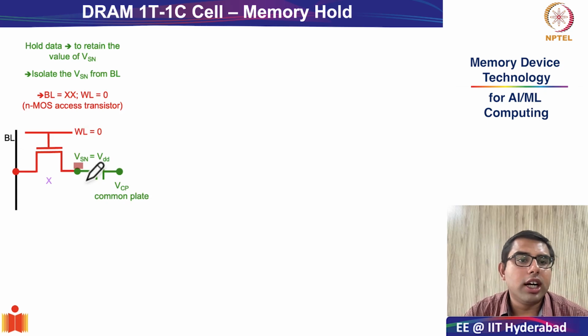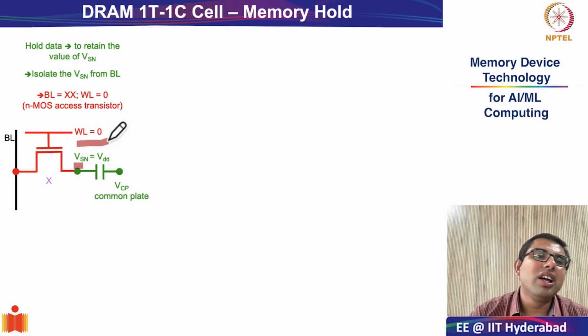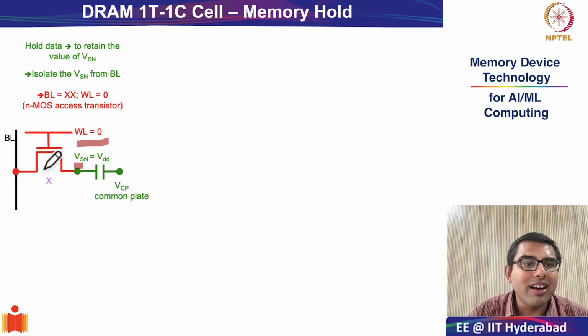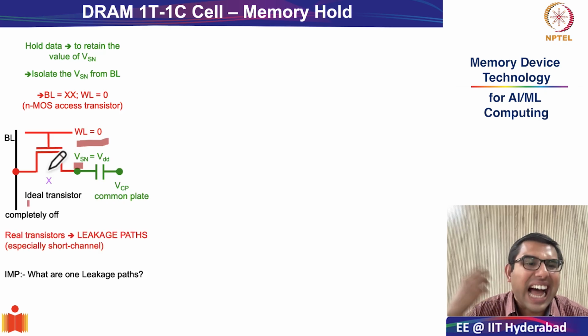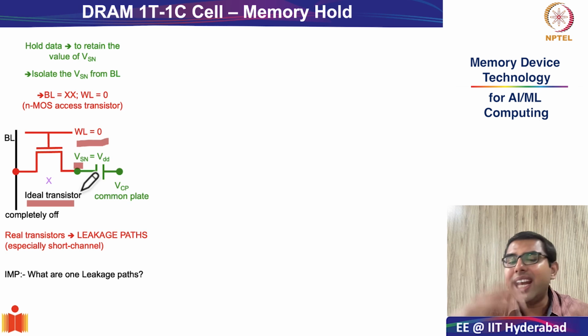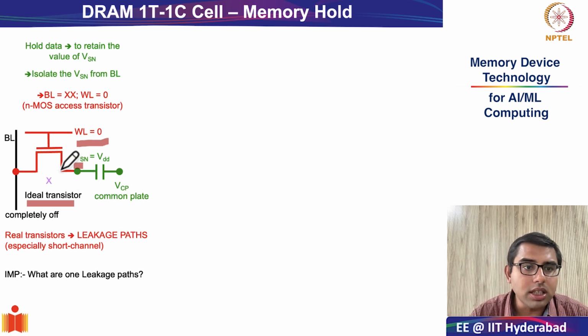In order to decouple the storage node from the bit line, you deassert the word line. If you deassert the word line, the access transistor will be off, and in an ideal case, this transistor will give you very large or infinite resistance, and therefore the storage node will be completely cut off or decoupled from the bit line.